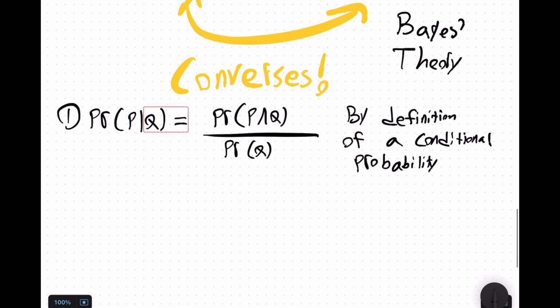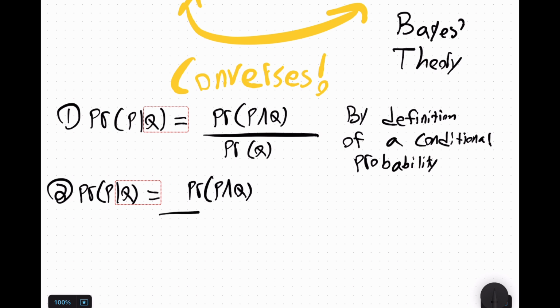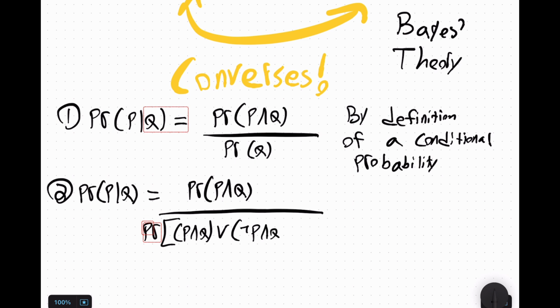Second, the probability of P given Q is equal to the probability of P and Q divided by the probability of P and Q or not P and Q. Why is that?